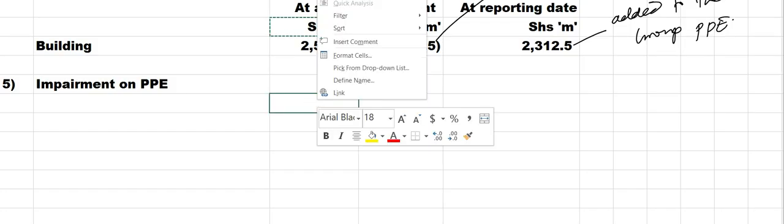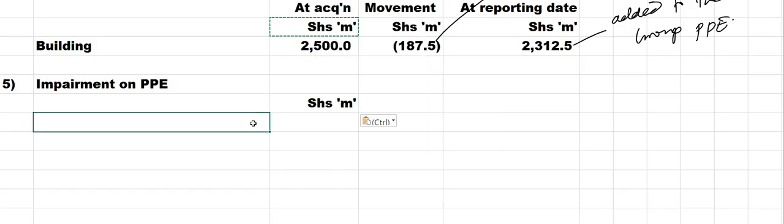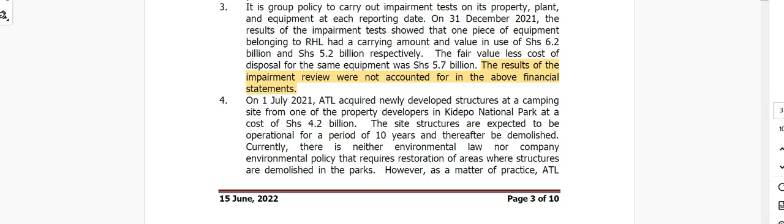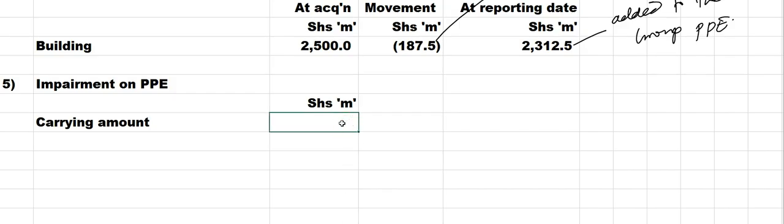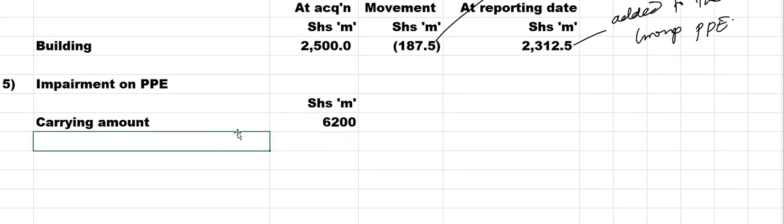Remember, according to IAS 36, we cannot carry an asset at an amount which is greater than its recoverable amount. So what's the carrying amount? The carrying amount of this PPE is 6.2. Then you've been given the fair value less disposal costs.